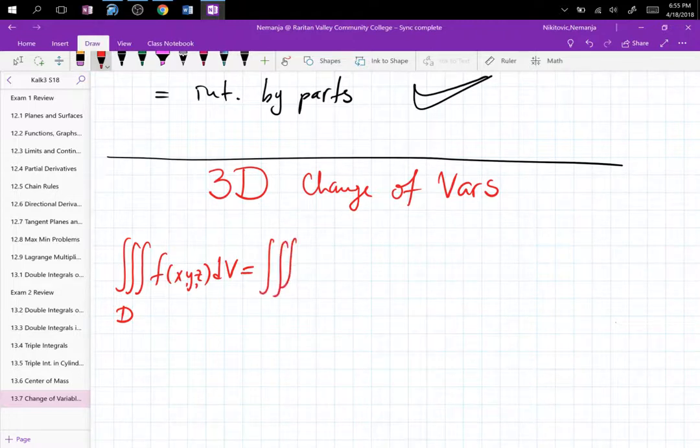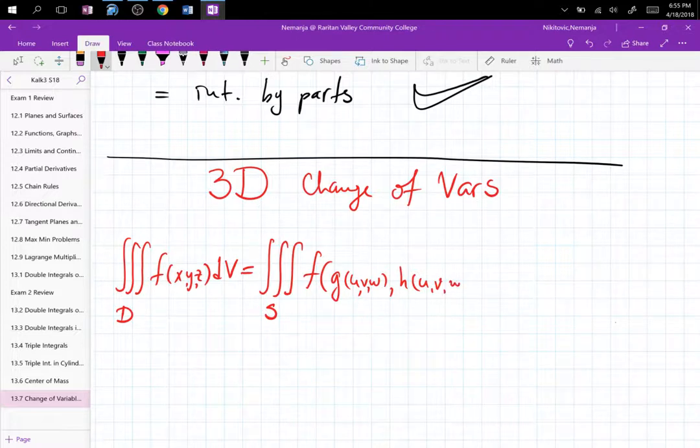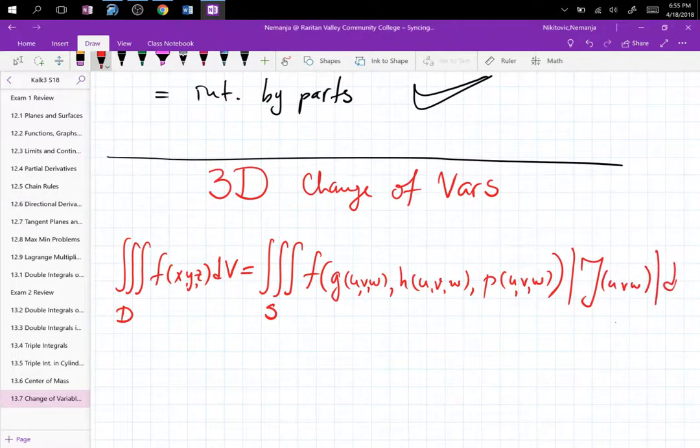It's the triple integral over transformed region S, f of g(u, v, w), comma h(u, v, w), comma p(u, v, w), times the Jacobian of (u, v, w), dV.